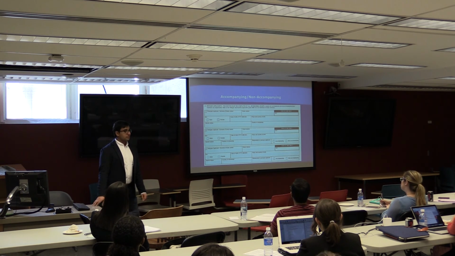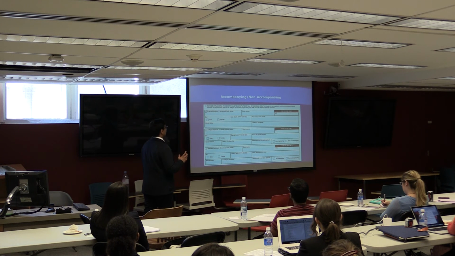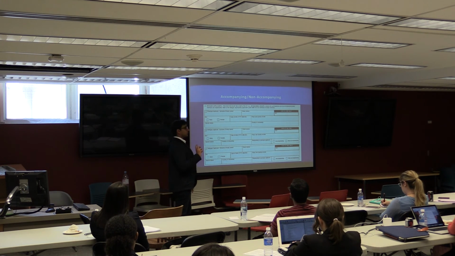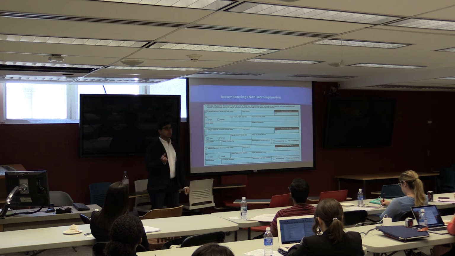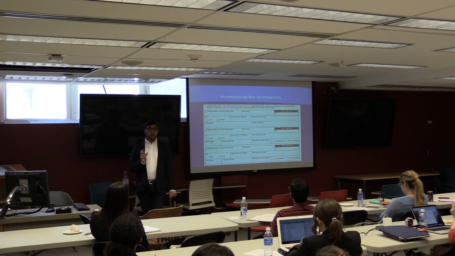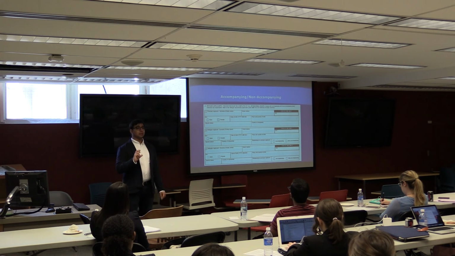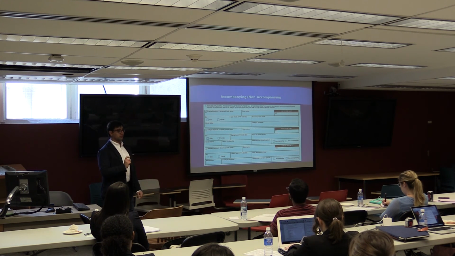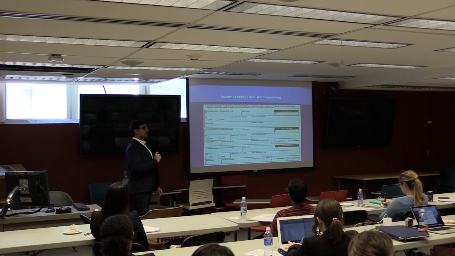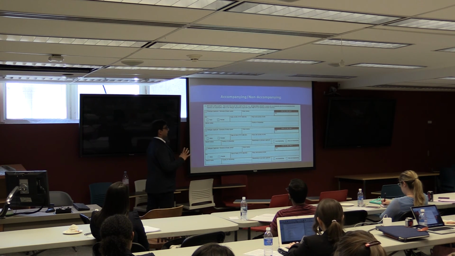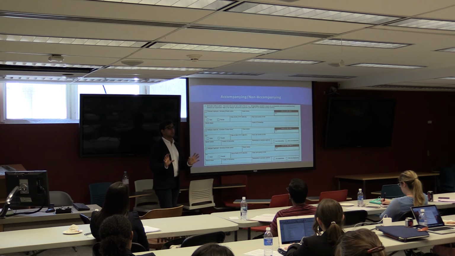On the same form, under section E, sponsors are required to indicate whether the family members coming to Canada will be accompanying or non-accompanying. And this is for situations where you have families displaced over several countries.